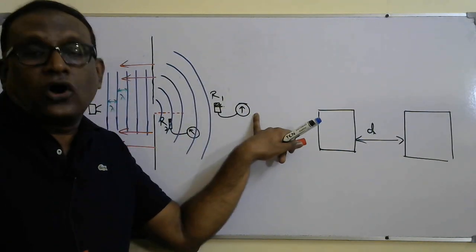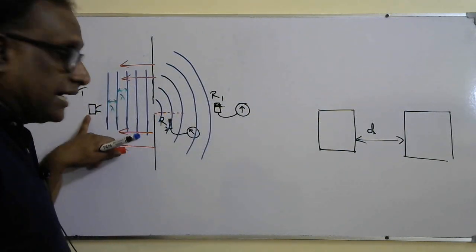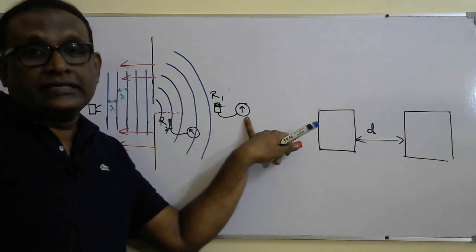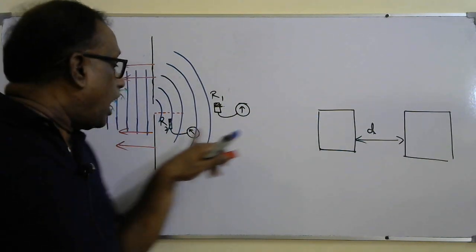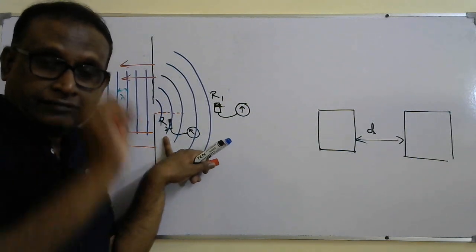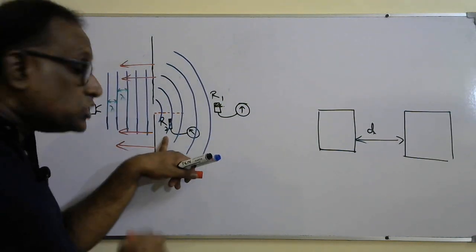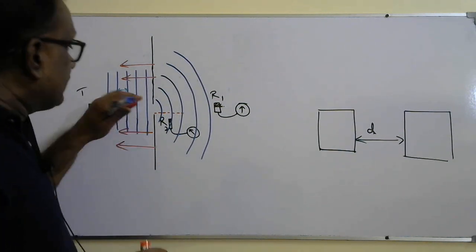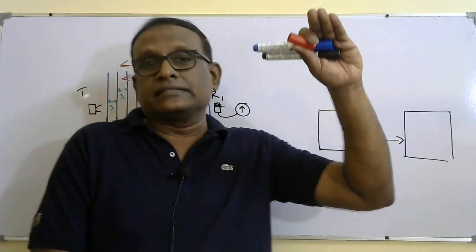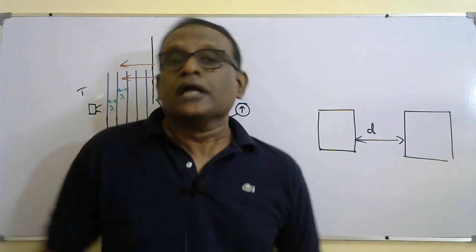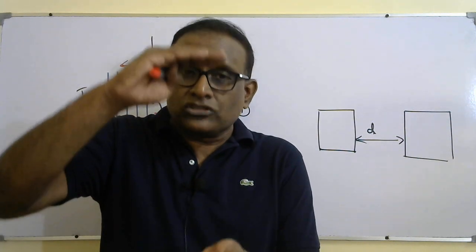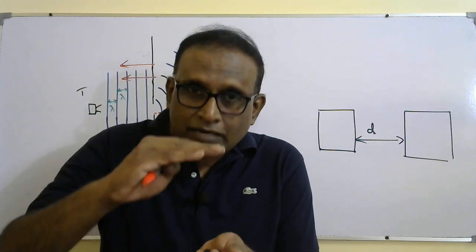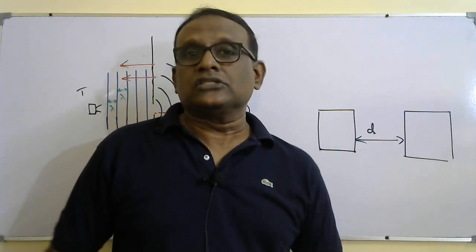R1 received almost all the energy emitted by the transmitter, and the meter recorded a higher reading. R2 did not record anything. It recorded only 0 because it was not receiving any wave when the slit size was much larger than the wavelength.